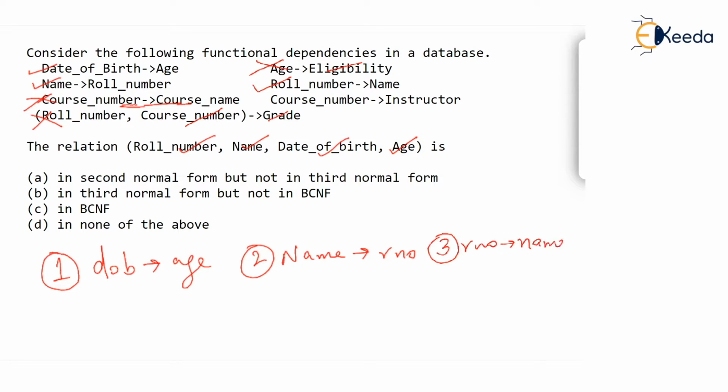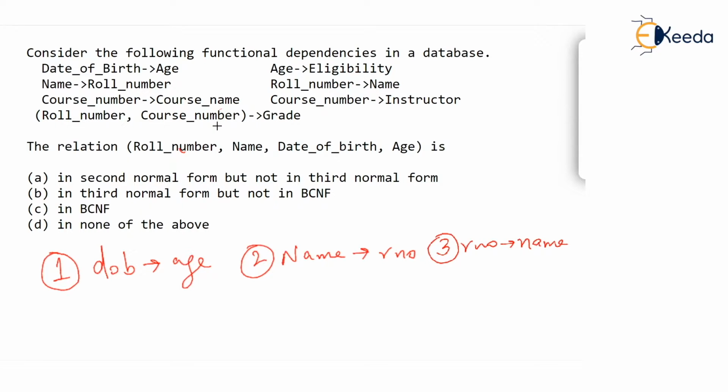Yes, we can consider this. And course number determines instructor cannot be considered by us because course number and instructor are not there in our table. So we have taken only those dependencies which are applicable to the table given in the question, and we are not bothered about the other dependencies. They might be true for other tables.